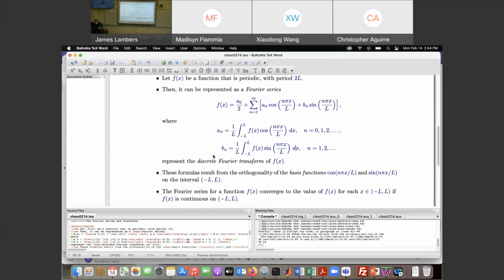You can think of f as being represented either in physical space, meaning a function of x. So here we have f described in physical space. Or you can think of f as being described in frequency space, or Fourier space, by the coefficients an and bn.